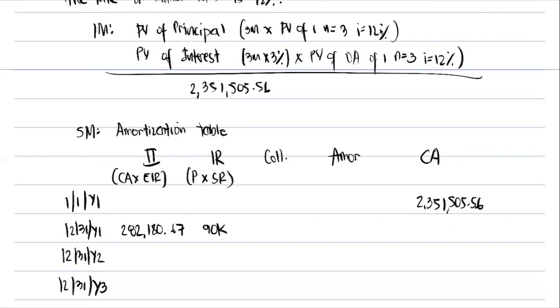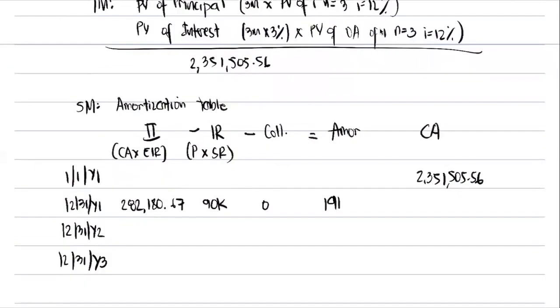Do we have any collections on the principal? None, because the principal will be repaid at the end of 3 years. So this is 0. Our amortization is equal to interest income less interest received less collection. So 366,180.67 less 90,000 will give us 276,180.67.